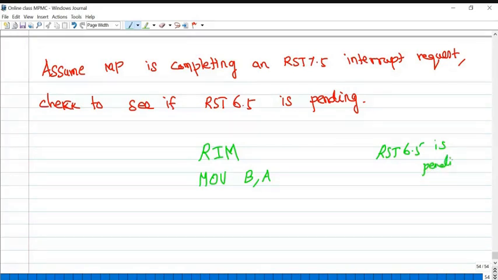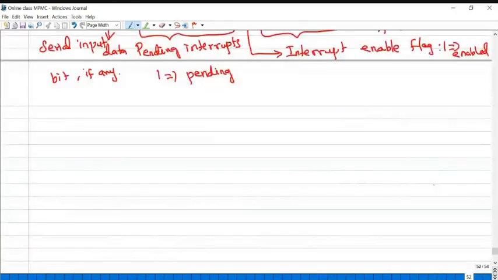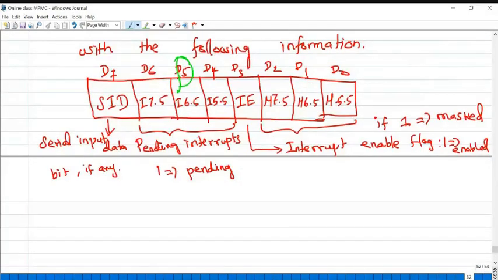We know that we have to read the D5 position. If the D5 position is 1, then it indicates RST 6.5 is pending.